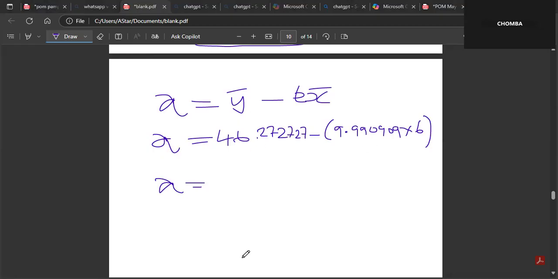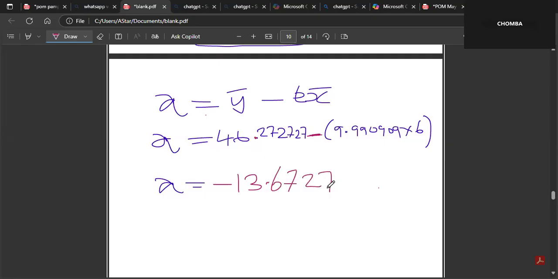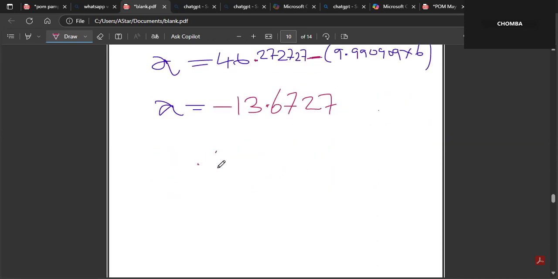So you got 13.67, 27. 13.6727. So therefore, the regression equation.